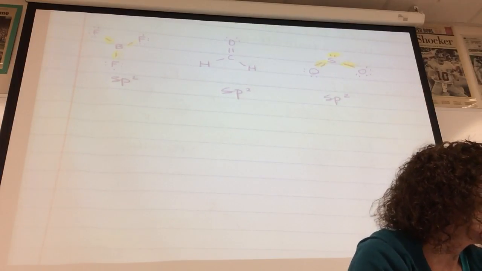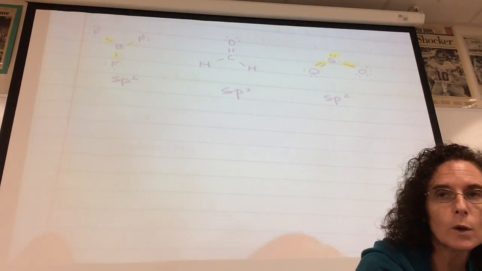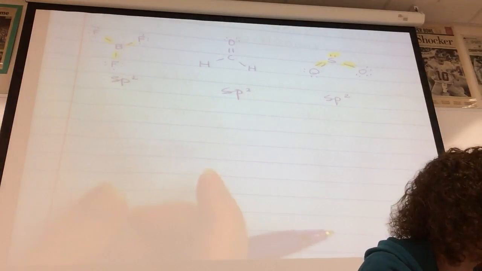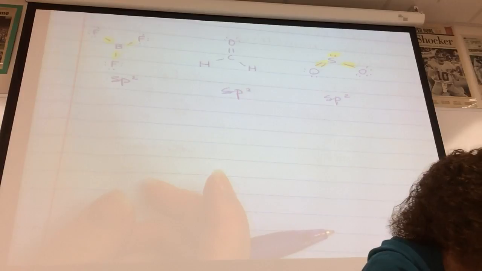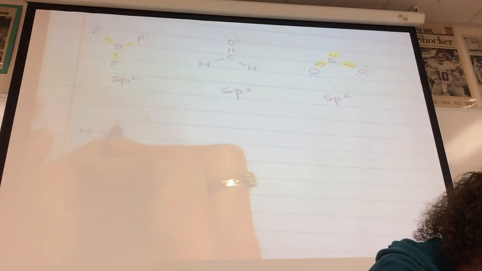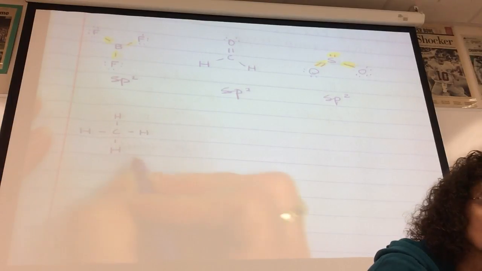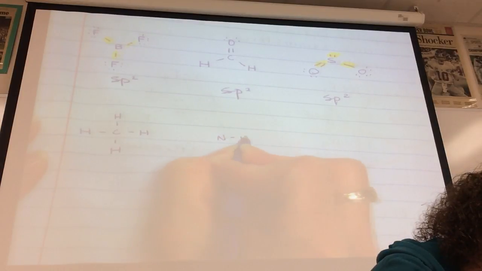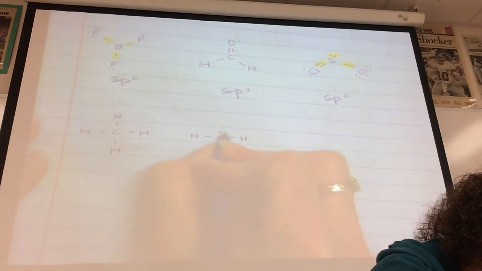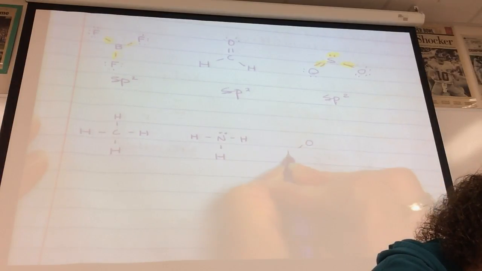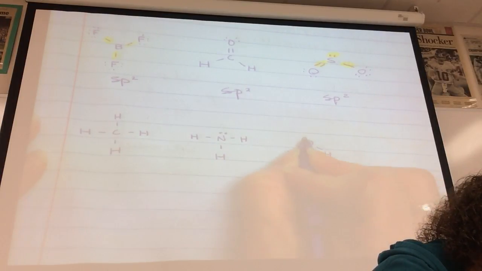All right. The other one you have to know for the quiz, the exam, and the AP exam is sp3. So if you have tetrahedral electron group geometry, this can be tetrahedral molecular geometry. It can be trigonal pyramidal geometry, or it could be bent, where you have the 2-2.